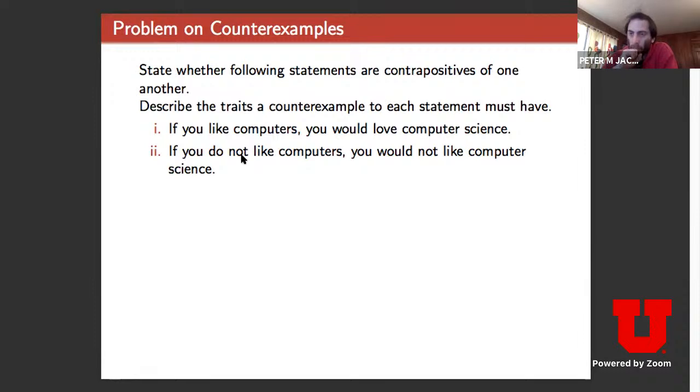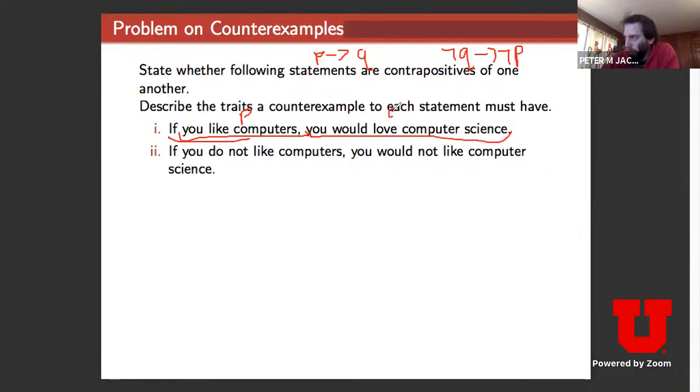The second statement, so remember, the contrapositive of a statement is, we have P implies Q, and the contrapositive would be not Q implies not P. So here the statement P is you like computers, and the Q statement would be you would love computer science. So the contrapositive would be, if you do not love computer science, then you do not like computers.